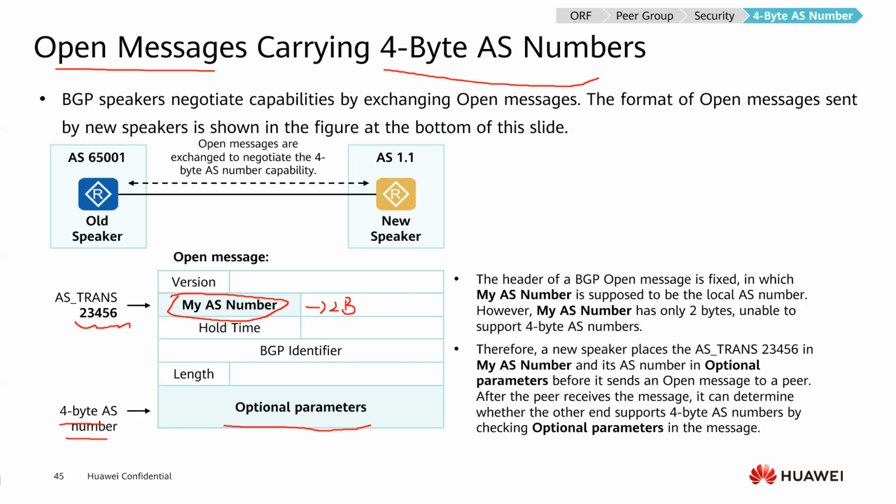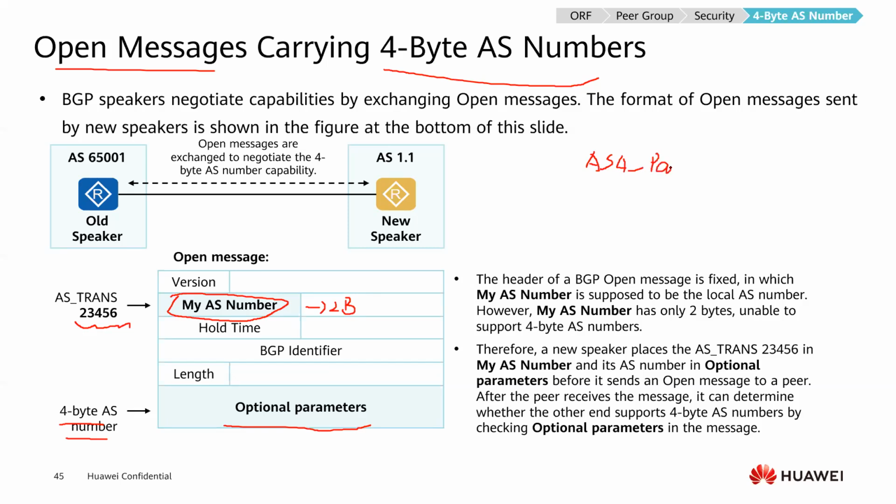And BGP wants to support the 4-byte capability, so it uses a new capability code and new optional transitive attributes.